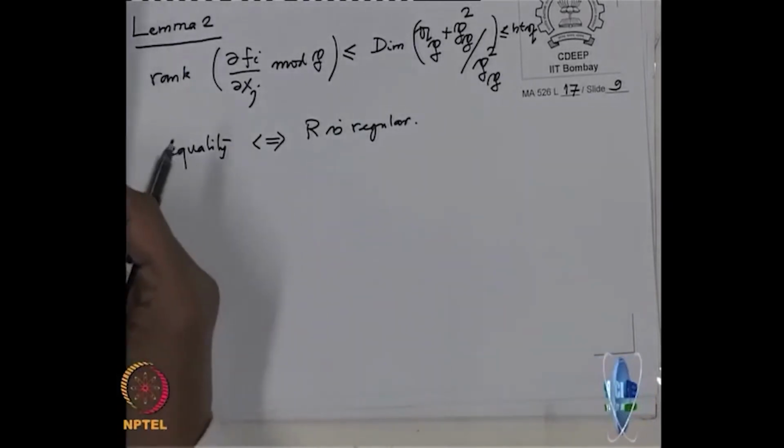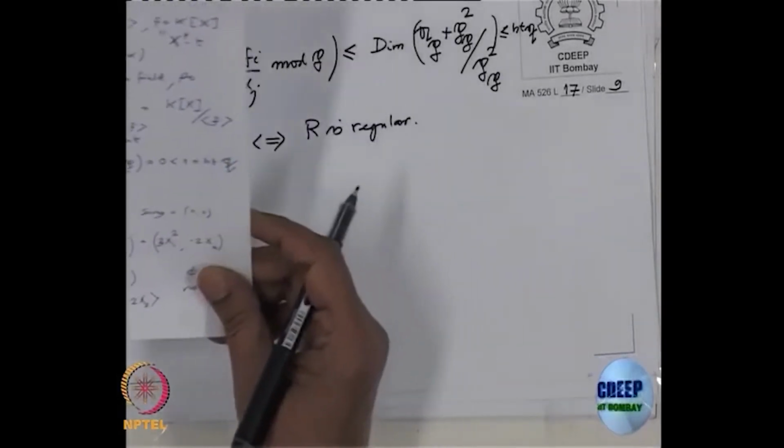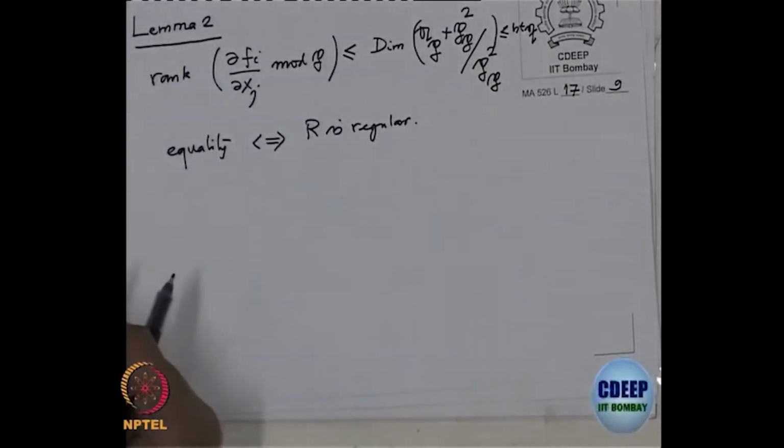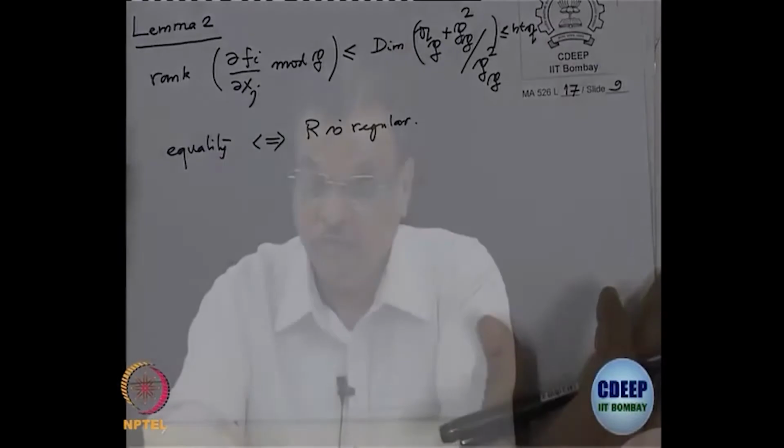Now, let me just discuss a couple of examples. So, first of all, I want to show an example where there are separability issues. Okay, so example.